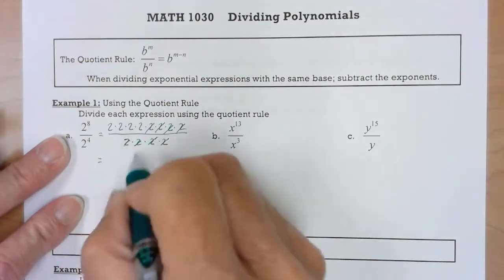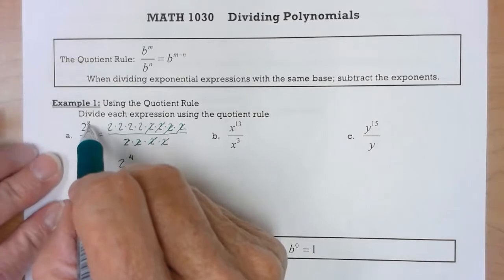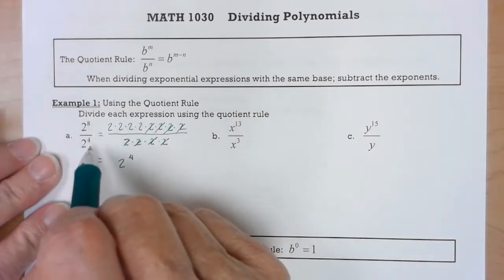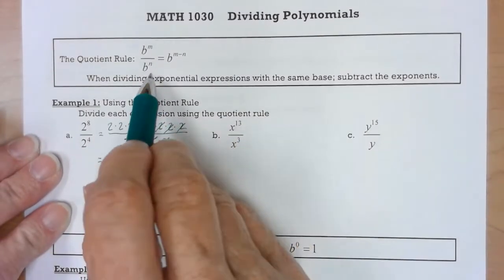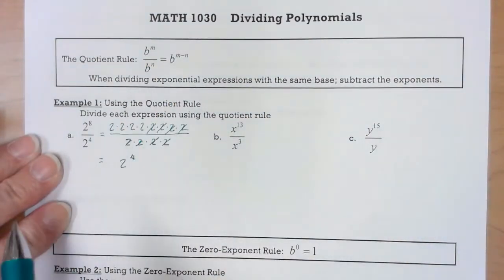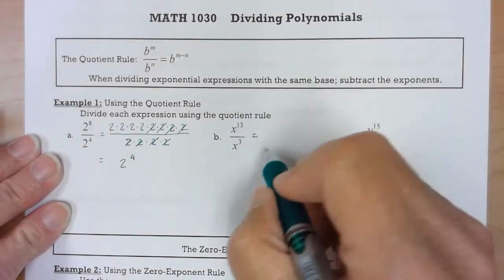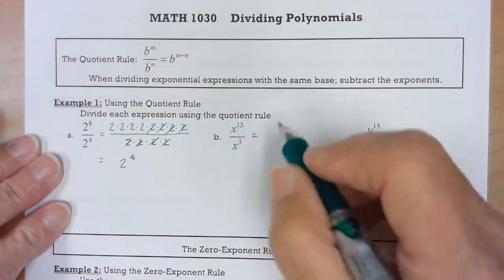So all I'm left with is 2 to the 4th. Notice my largest exponent is on top. So in the quotient rule, I subtract top exponent minus bottom. I subtract them. So in this one, if I subtract, I've got 13 on top, 3 on the bottom.